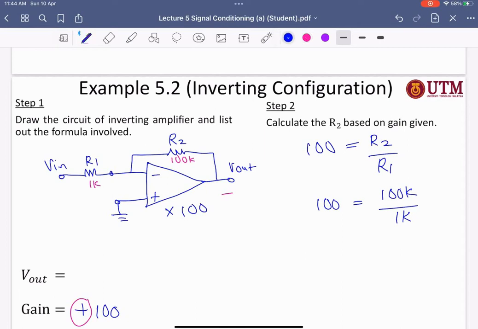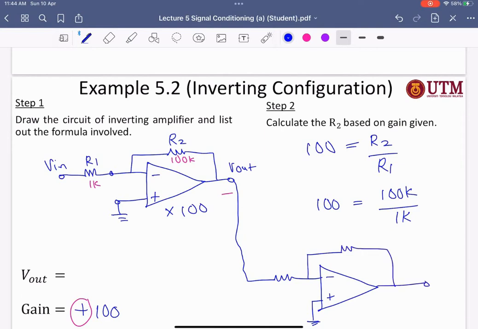So what you need to do is add another inverting circuit like this one. You have minus and plus, the plus going to ground, with a feedback resistor, and here you can use 1K and 1K. Then you get the V out at the final stage.